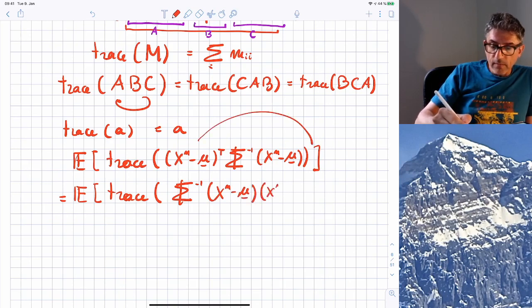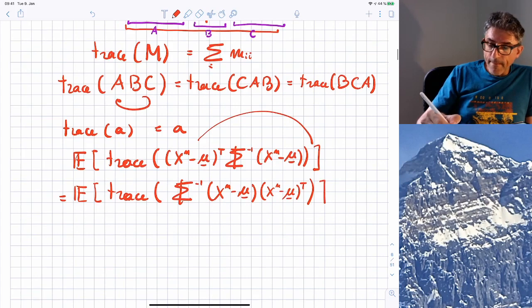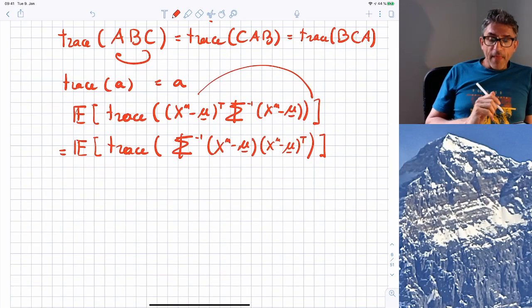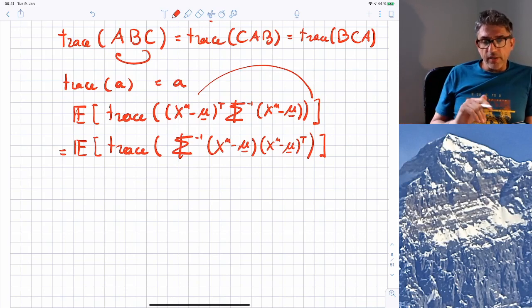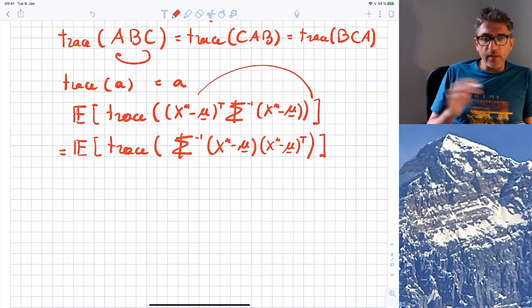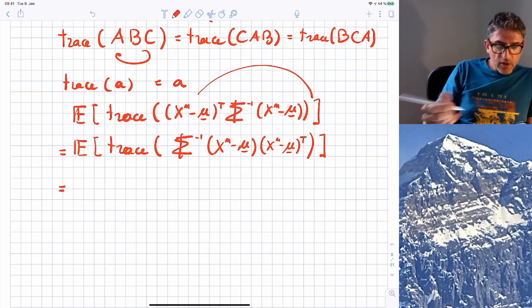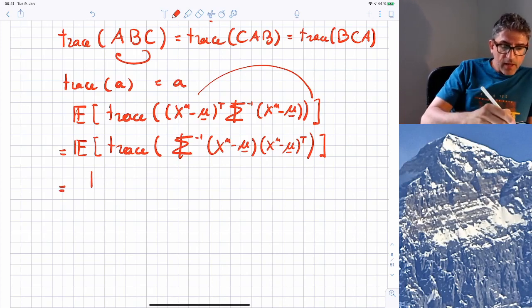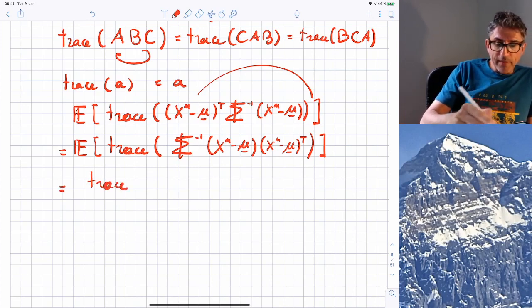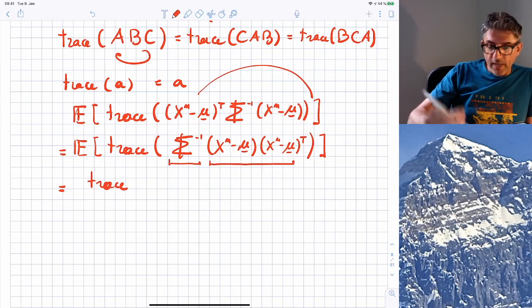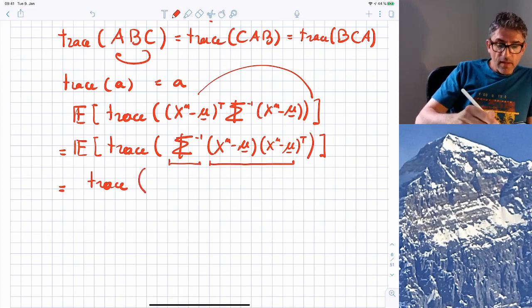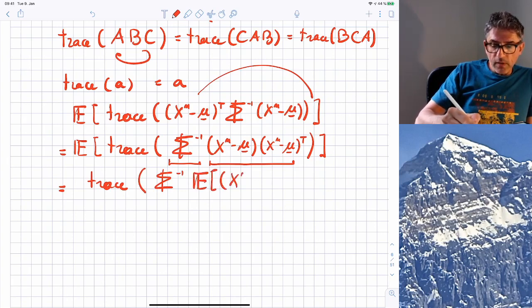Now, trace is a linear operator, and expectation is also a linear operator, and linear operators have the nice property that they commute. So the expectation of a trace is the trace of the expectation. Also matrix multiplication is a linear operator. This matrix is a constant, and the random variable is inside here. So we have the trace, and the expectation commutes here.